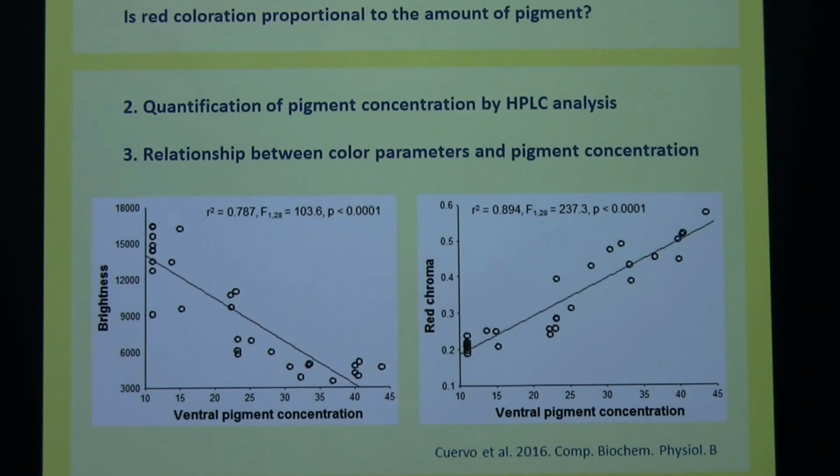The two relationships remained highly significant when only juveniles were included in the analysis. So the answer to our question is yes, red coloration in the spiny-footed lizard is proportional to the amount of pigment.